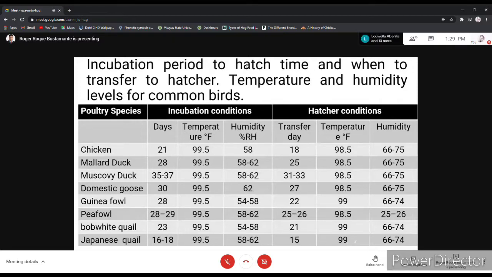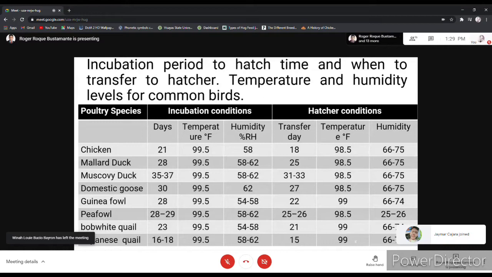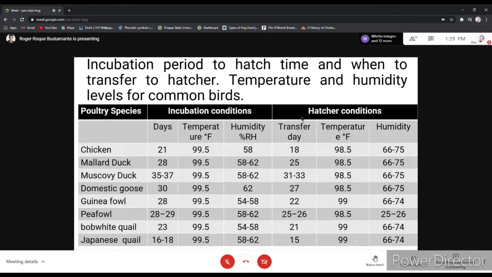We also have the specified temperature within a given time, and the percent relative humidity, because if the humidity is too high, it will have a negative effect on your eggs.